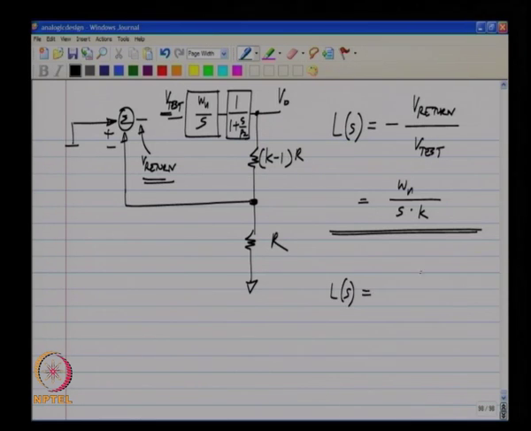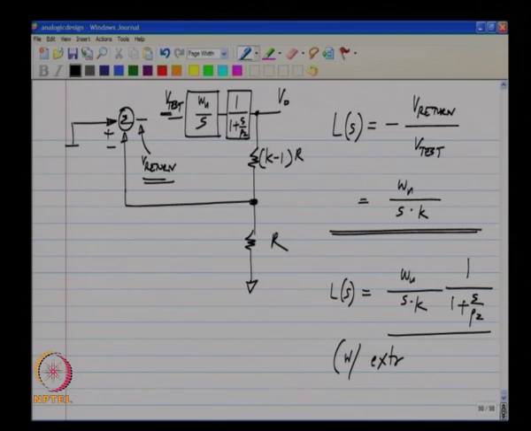L of s will simply turn out to be omega u by s times k 1 by 1 plus s by p 2. Okay. This is with the extra pole. Okay. So, what we can do now is to compare the time domain responses of the loop gain and see how they behave. Okay.